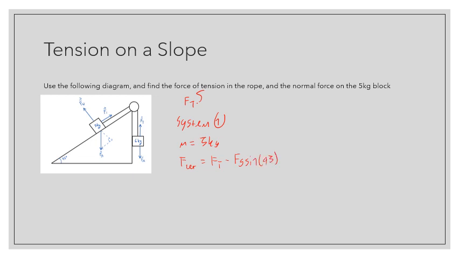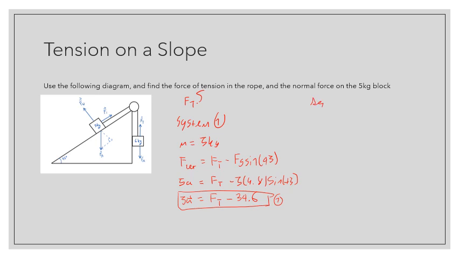F net is equal to ma, so 5 times a is equal to Ft minus 5 times 9.8 times sine of 45. So that means that 5a is equal to Ft minus 34.6. This is our first equation.